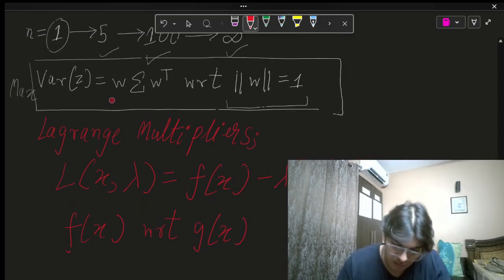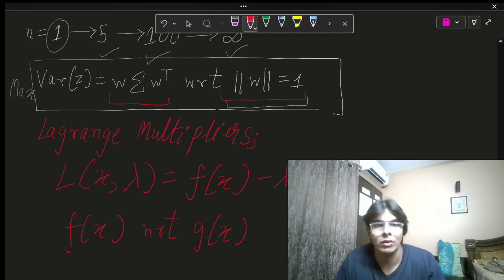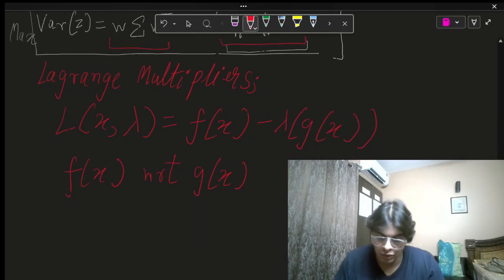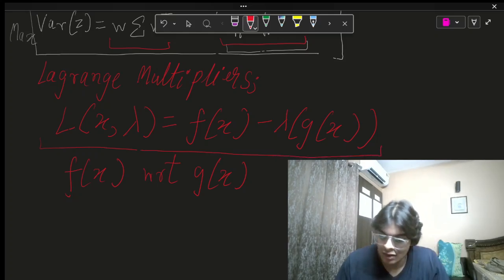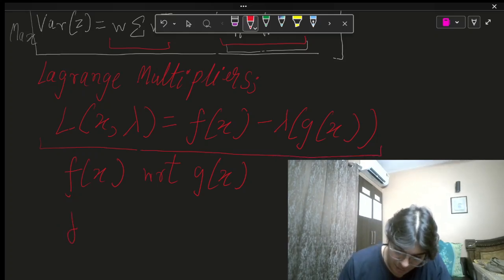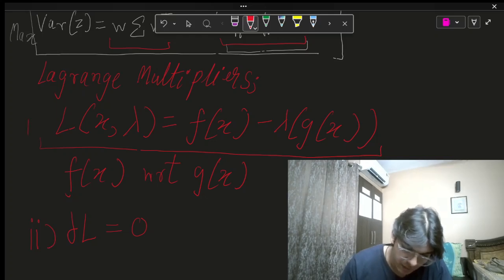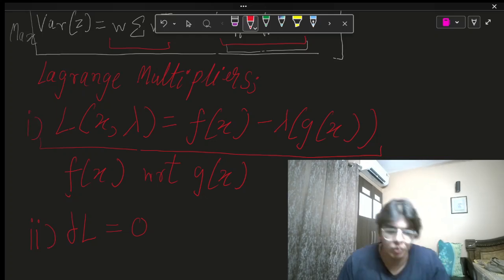This is our f(x) value, this is our g(x) value. First of all, we have to represent our function in this form. And then to maximize it, we have to take its partial derivative and equate it to 0. These are the steps of using the Lagrange multiplier, step 1 and step 2 respectively.